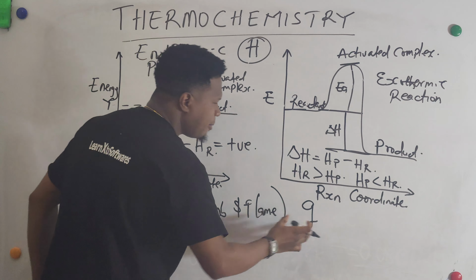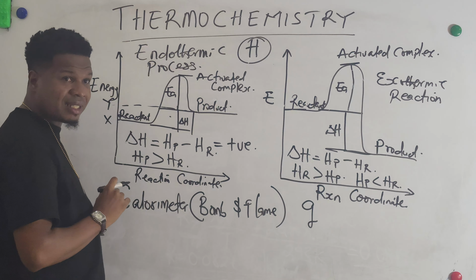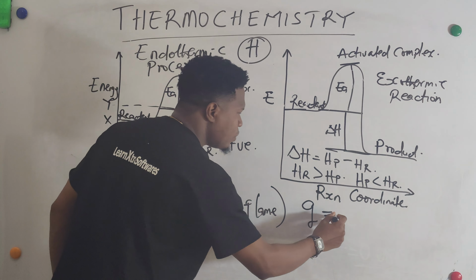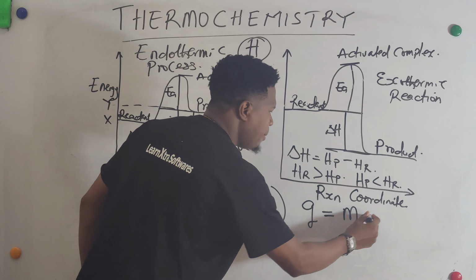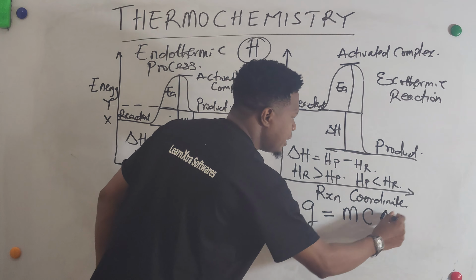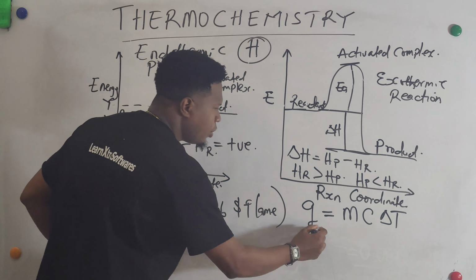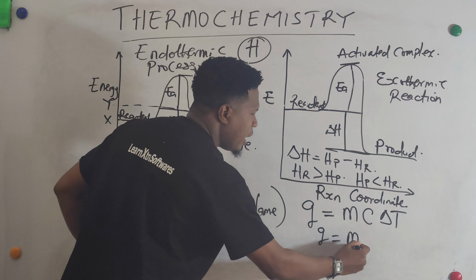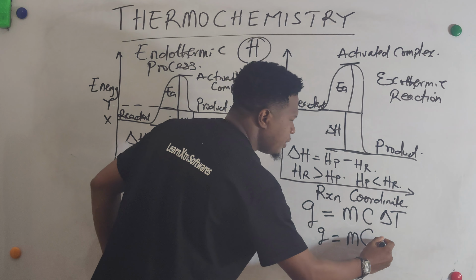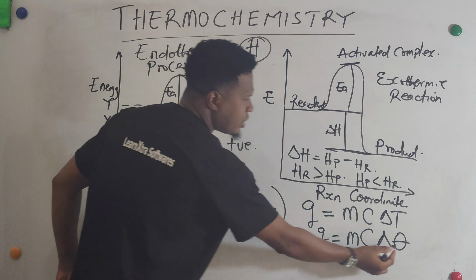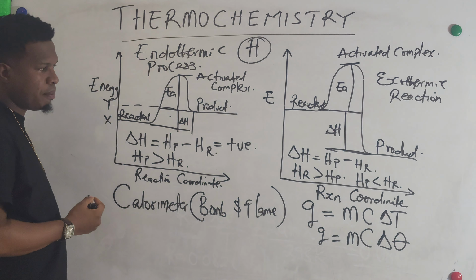So mathematically, we can measure this heat of a thermodynamic system by using this equation: Q is equal to MC change in theta, where change in theta is the change in temperature.